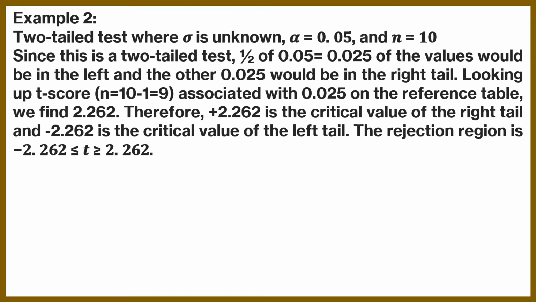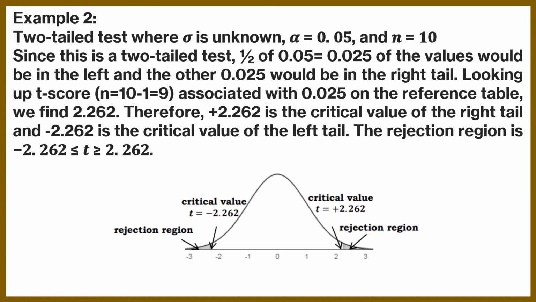Ang magiging reference table natin, we find 2.262. So, positive or negative 2.262 ang ating magiging critical value on the right tail and also in the left tail. So, the rejection region is negative 2.262 and positive 2.262. Okay. So, ayan yung magiging rejected region natin.